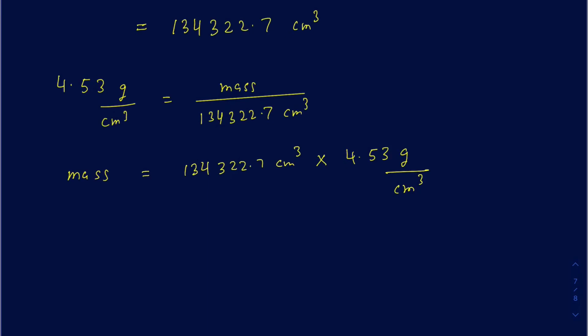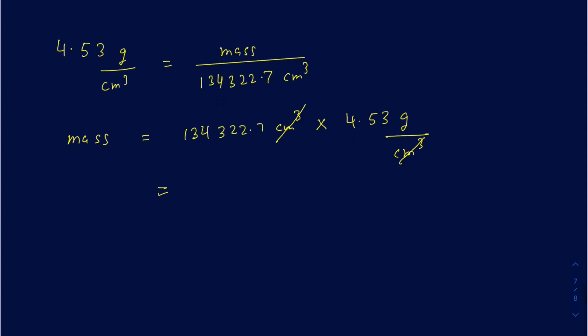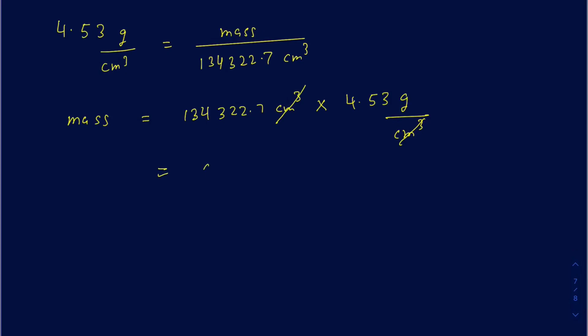So when you do set it up like that, your units cancels out, and all you really got to do now is just multiply the volume with the density there. So 134,322 times 4.53 is going to give you 608,481.8 grams as the mass for this object.